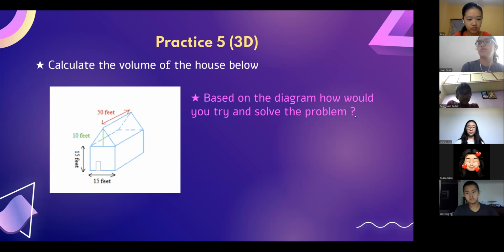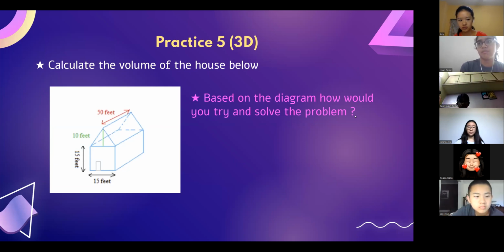Remember, for prisms, we find the area of the base times the height. Technically you could just assume this is some weird pentagonal prism, which it is, and find the area of the base, which is the pentagon, or you divide it into 2 shapes. Both are perfectly valid. So what is the area of the base of the triangular prism?